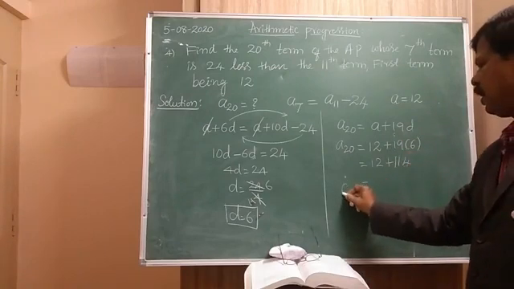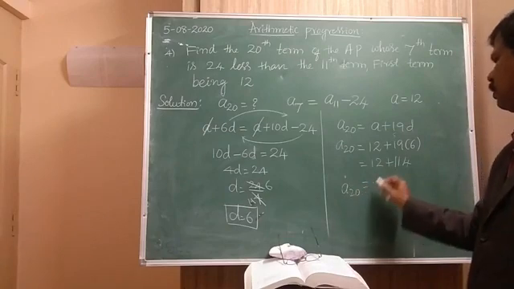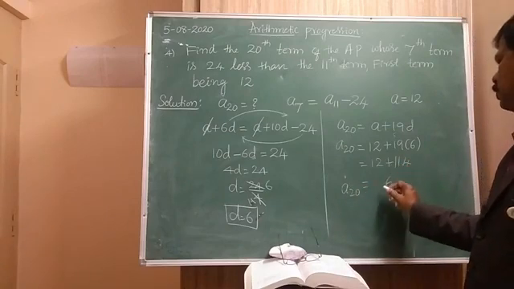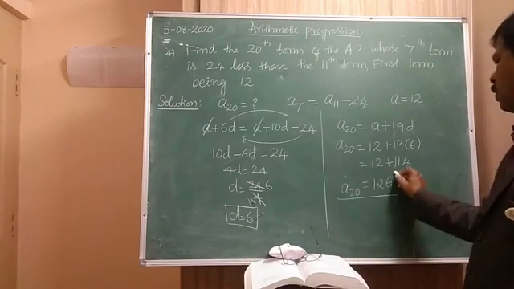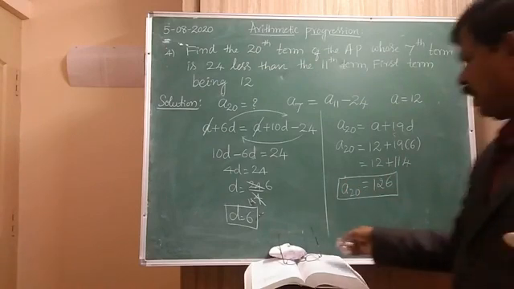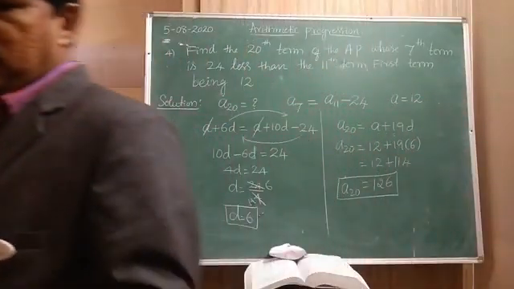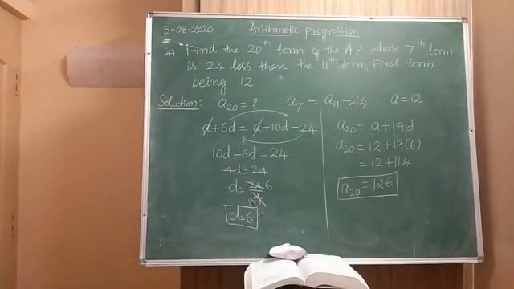Then 4 plus 2 is 6, 1 plus 1 is 2 and this is 1. So A20 is how much? 126. Clear?